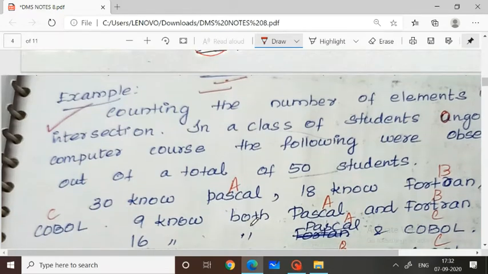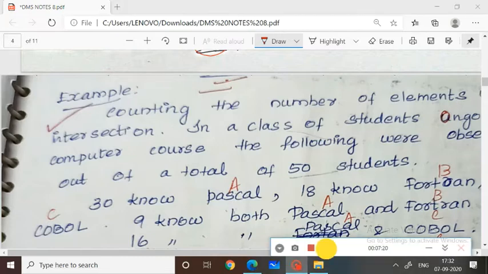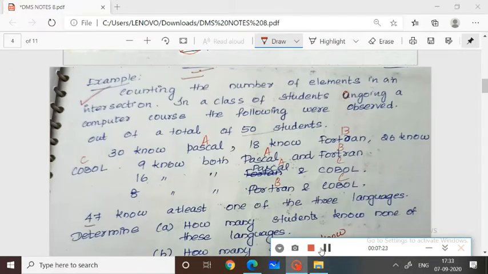Next one is counting the number of elements of intersection in a class of students. In a class of students undergoing a computer course, the following were observed.